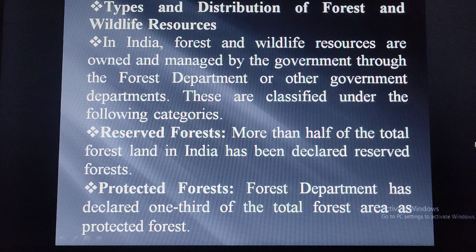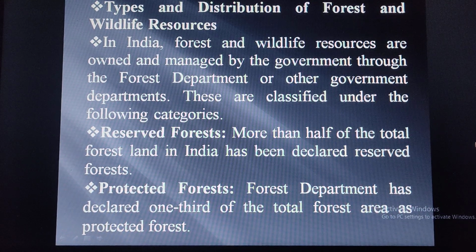Reserve forest. So what are reserve forests? More than half of the total forest land in India has been declared as reserve forest. Next is protected forest.